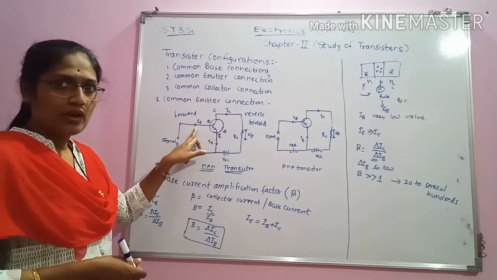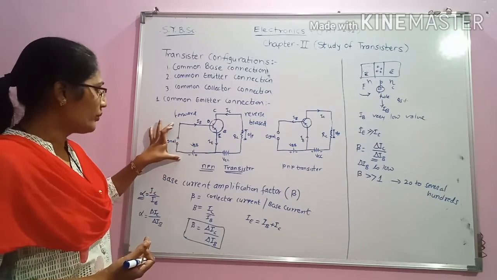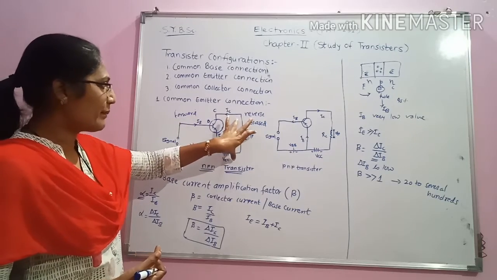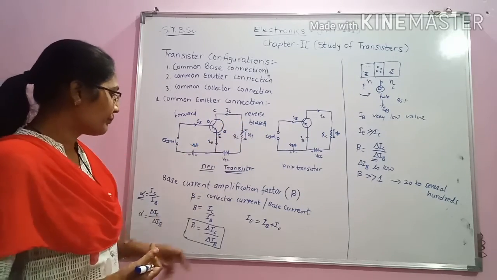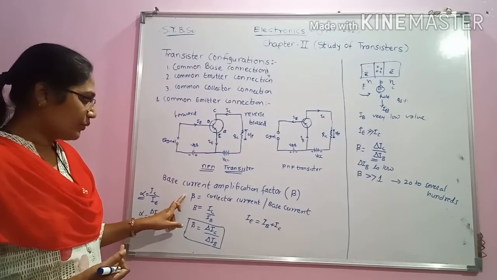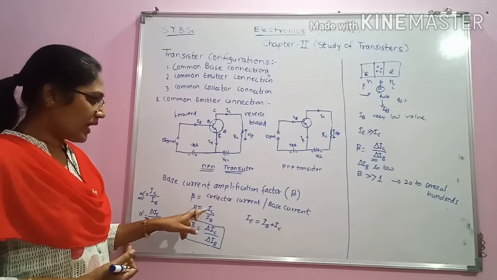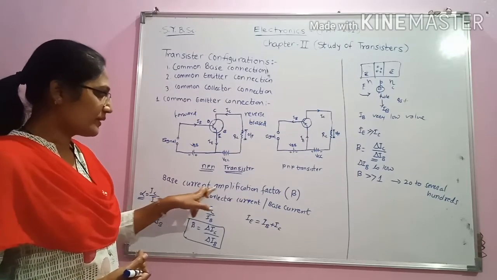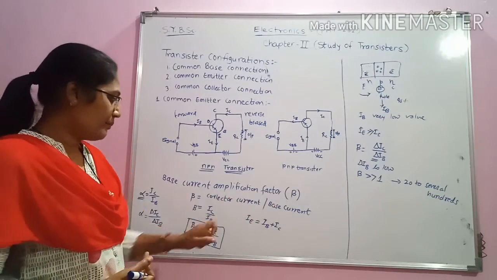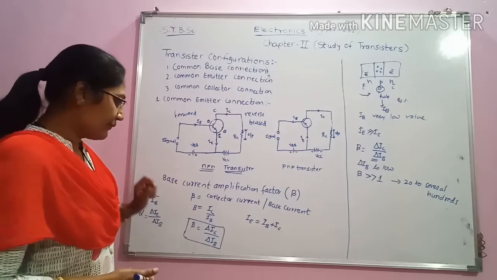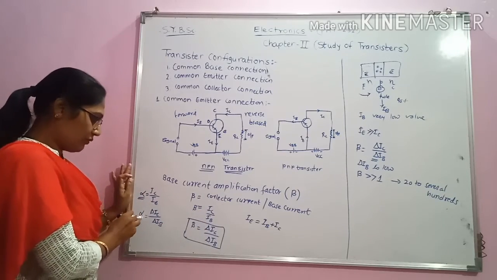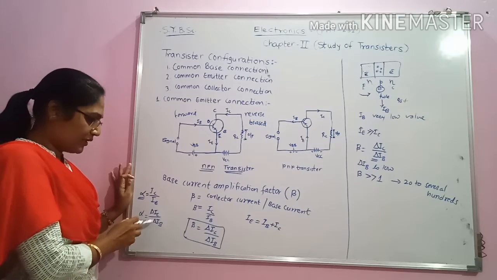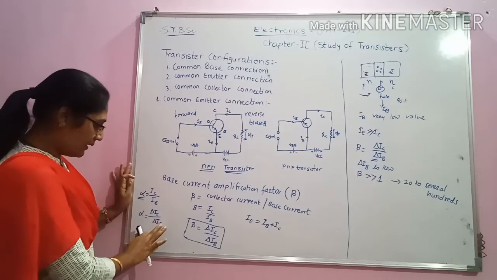In the transistor, we forward bias this junction, and reverse bias is applied across the other junction. Then the beta value is IC upon IB, also called the base current amplification factor beta. I told you that in case of alpha, the value is given by the change in IC to the change in IE.